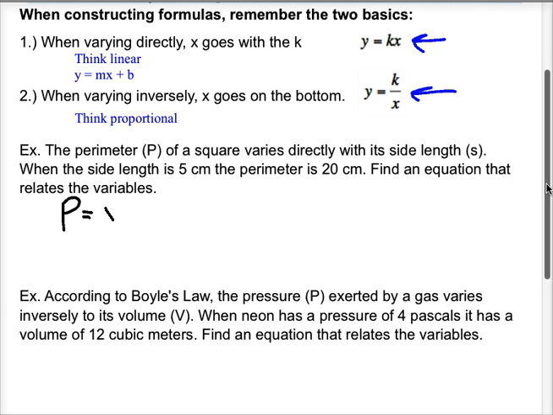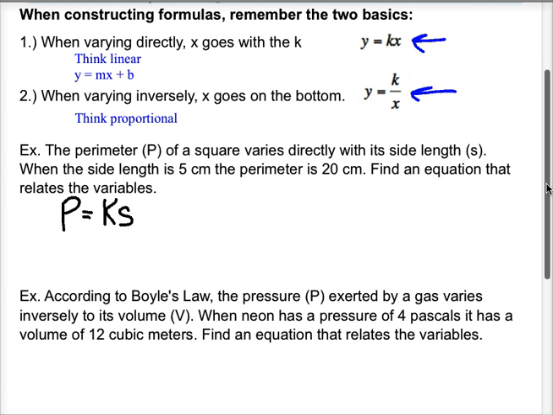So varying directly, oops, I'm sorry, that shouldn't be x. Varying directly means it goes with the constant of variation. Okay? Again, so direct means it goes on top. It stays with that constant of variation.